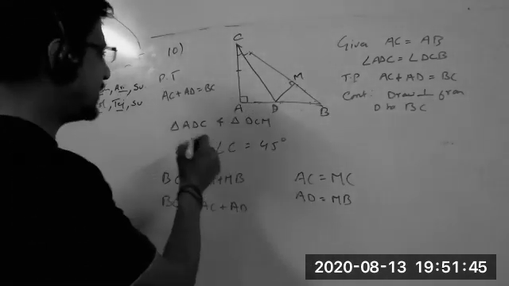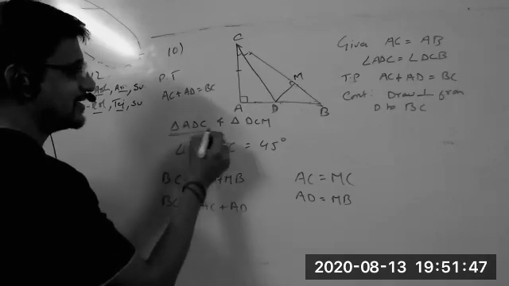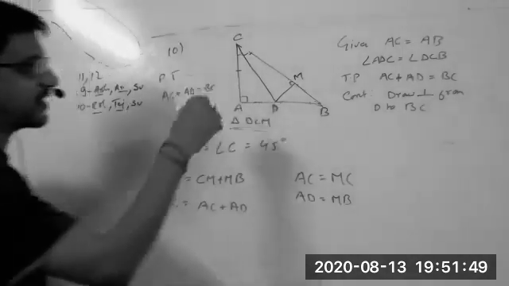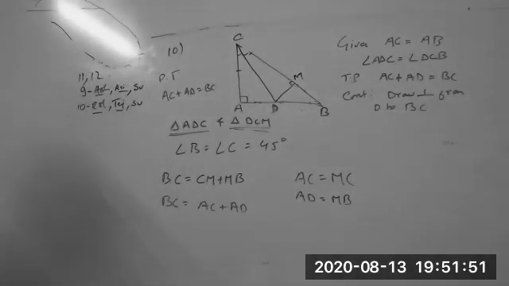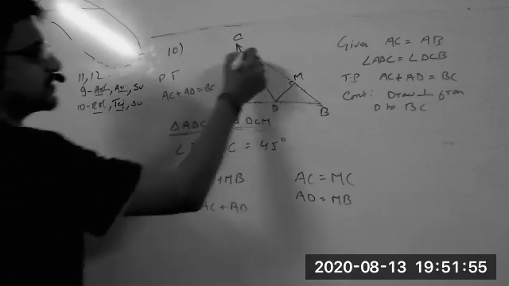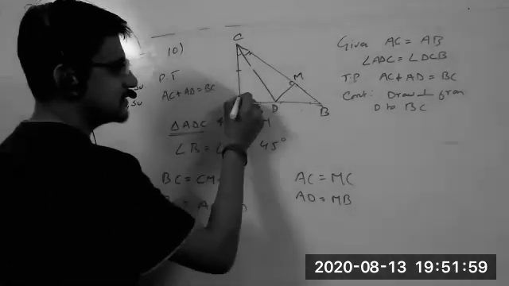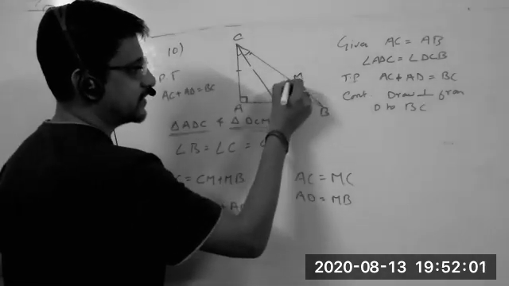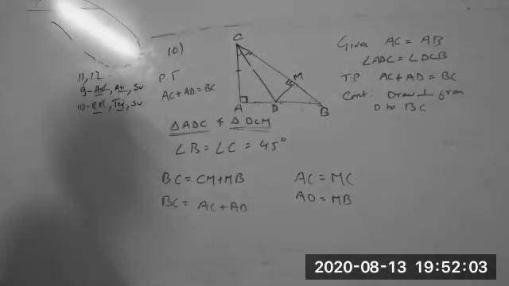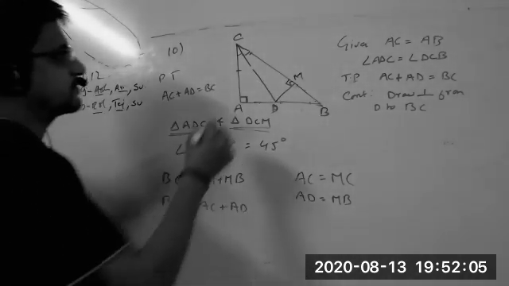Now, in triangle ADC and triangle DCM, just figure out ADC and DCM. Did you figure out which is that triangle? In that triangle, this is 90, this is 90.